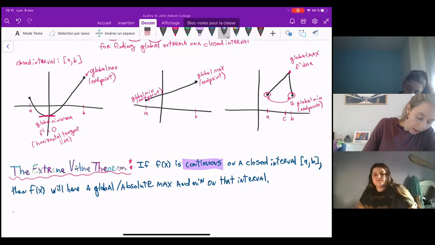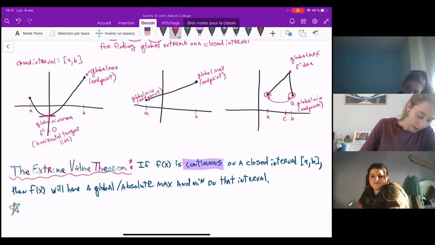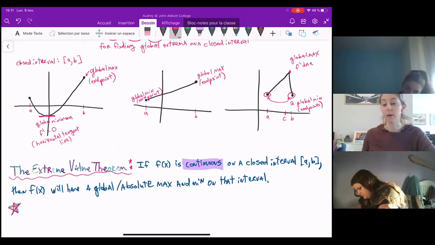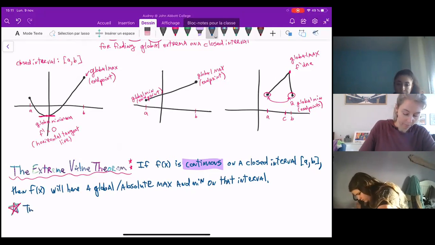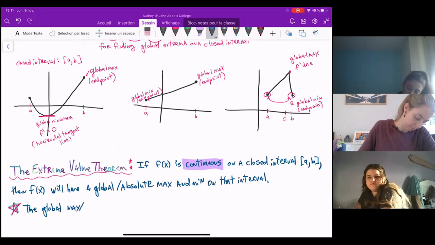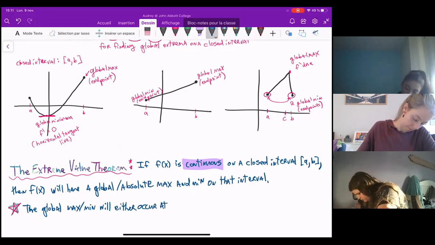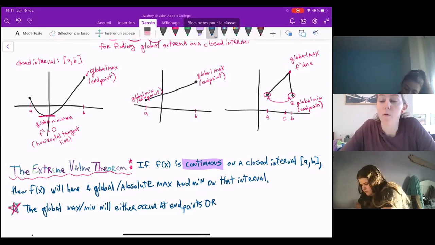But we're going to add a little line to it that says that the global max or min will either occur at endpoints, as we saw in the graphs, or we saw that it could occur when f prime equals 0 or when f prime does not exist.